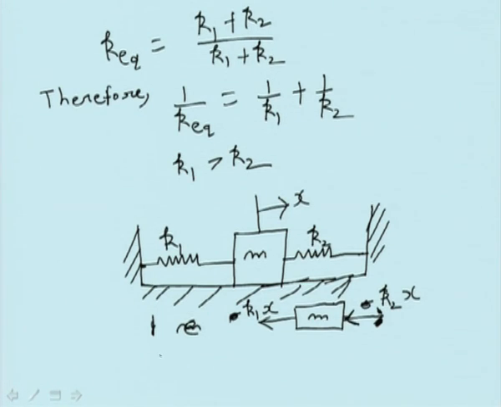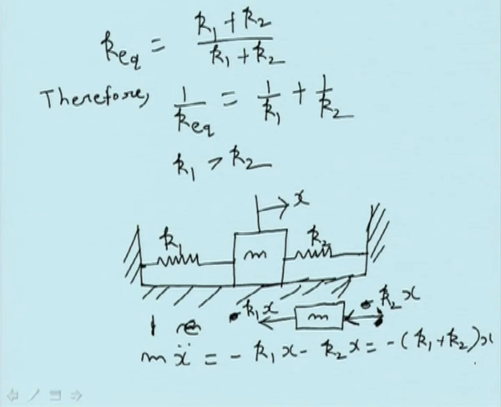So therefore m x double dot is equal to minus k1 x minus k2 x. That means minus (k1 plus k2) x. So equivalent stiffness is k1 plus k2.